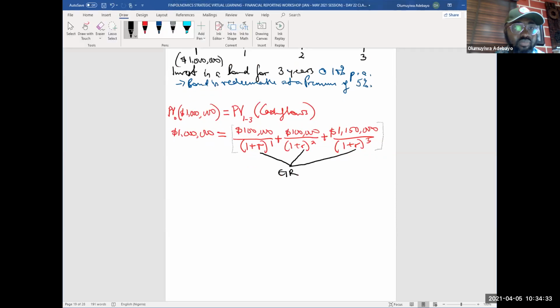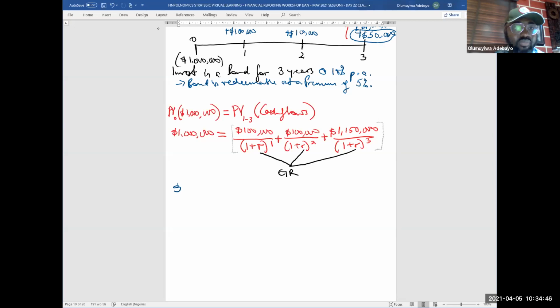And that rate can be gotten scientifically by saying that the effective interest rate is the rate that will equate this outflow by A. And this rate is our effective interest rate.